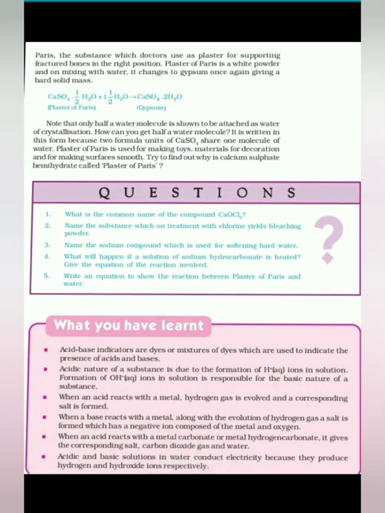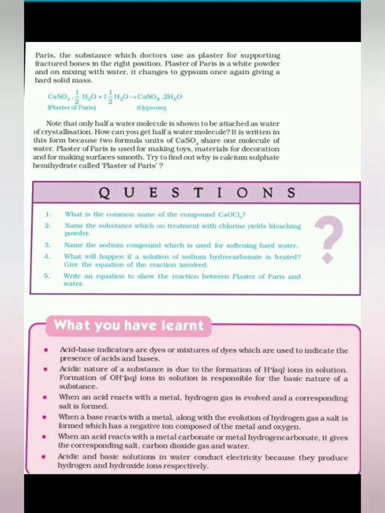It is the substance which doctors use as plaster for supporting fractured bones in the right position. Plaster of Paris is a white powder and on mixing with water it changes to gypsum once again, giving a hard solid mass. So plaster of Paris is formed by heating gypsum at 373 Kelvin. It will lose the water molecules and form plaster of Paris.